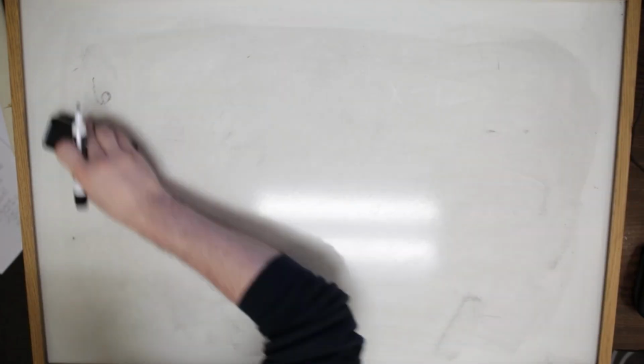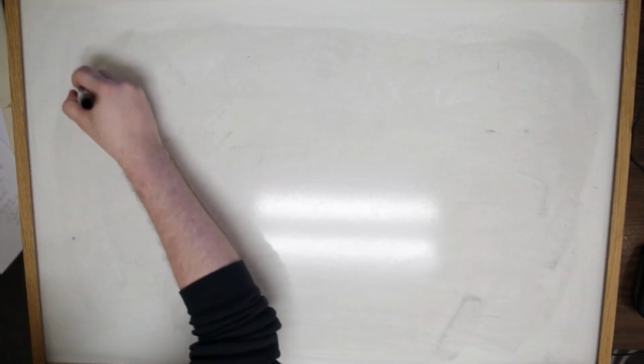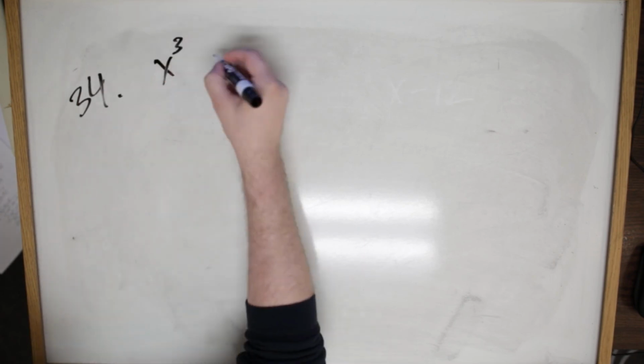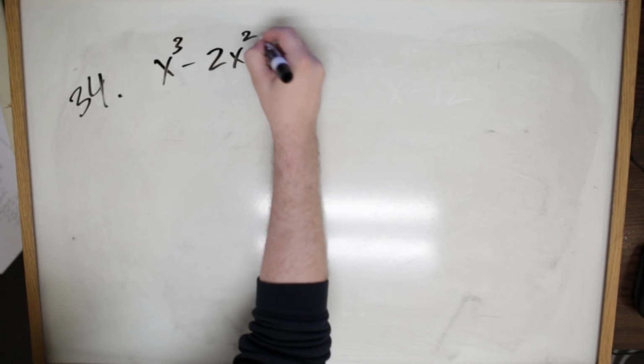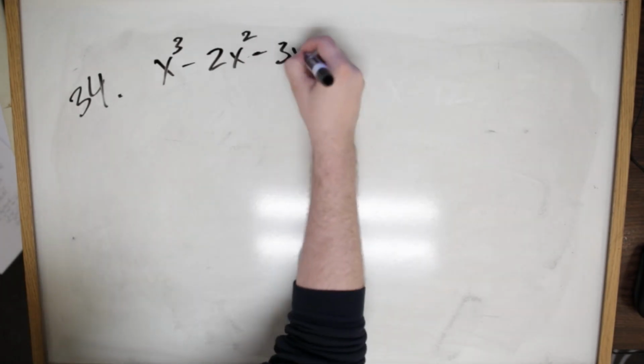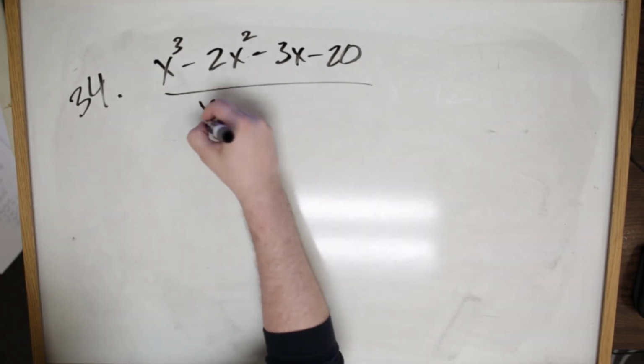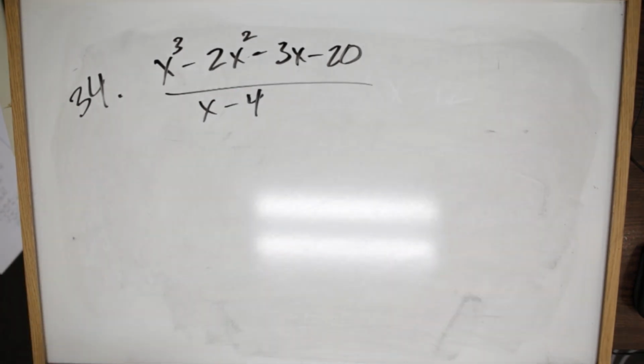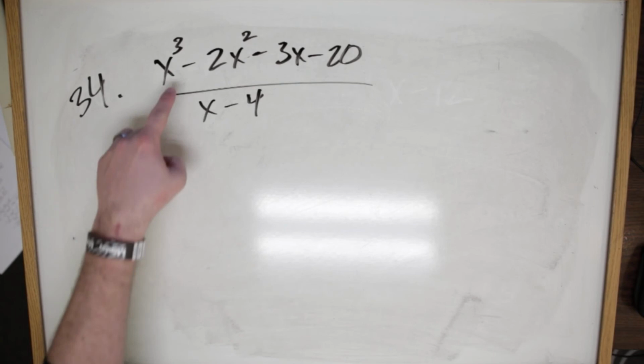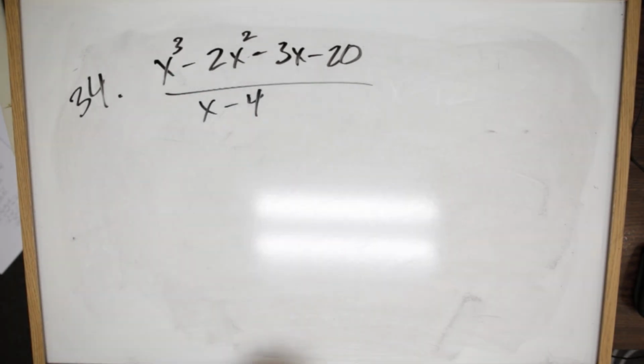So that was 26. Let's do question 34. X cubed minus 2x squared minus 3x minus 20 divided by x minus 4. Now you'll see this has actually got 1, 2, 3, 4 terms up in the numerator.